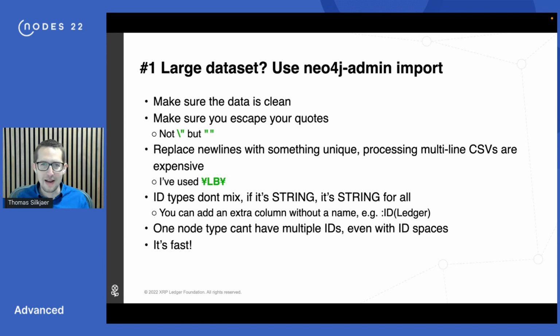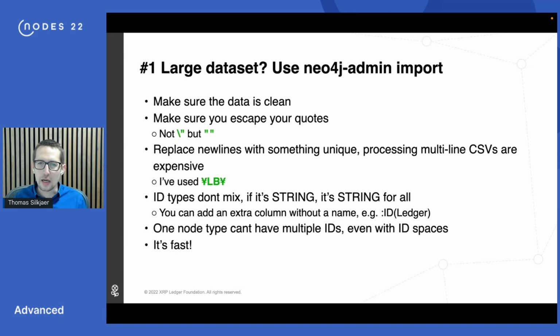You have to pick an ID type with the Neo4j admin import. So for my case, where ledgers have an integer ID, I had to add a pseudo column with a string version of the integer. If the column is not named, it's not imported into the database. You can't use multiple IDs for the same node type.